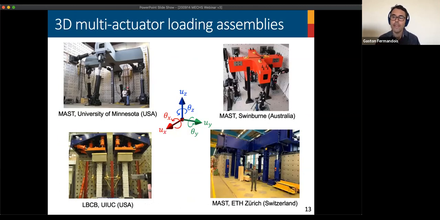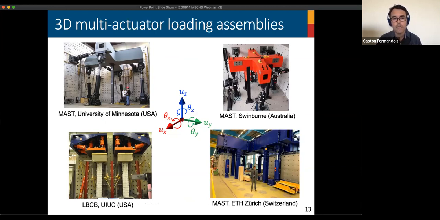So there is a good opportunity in trying to conduct experimental tests with three-dimensional multi-actuator loading assemblies. And this has been done in the past, but at slow speed.